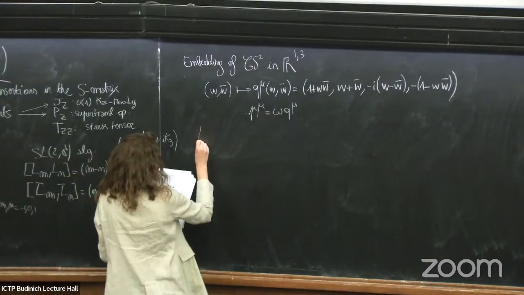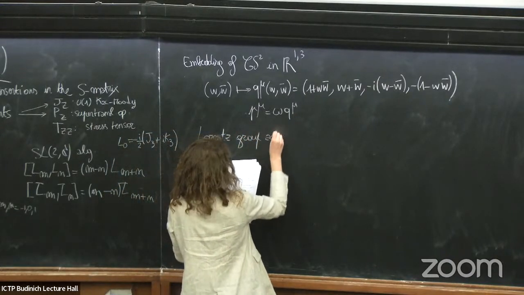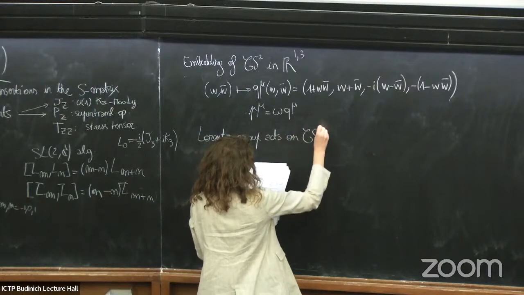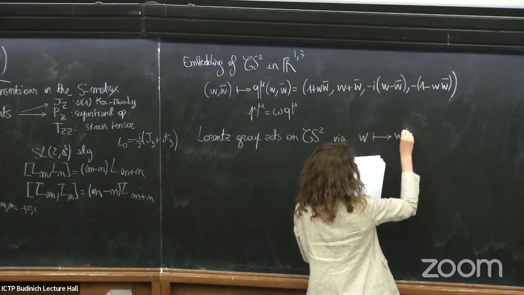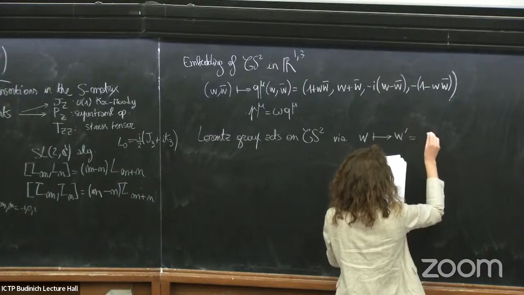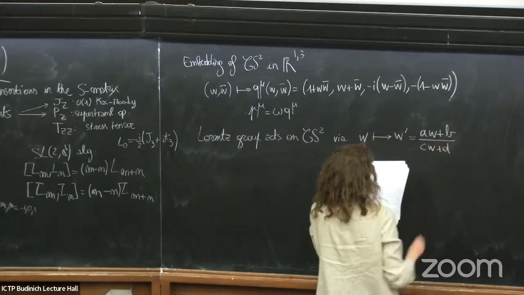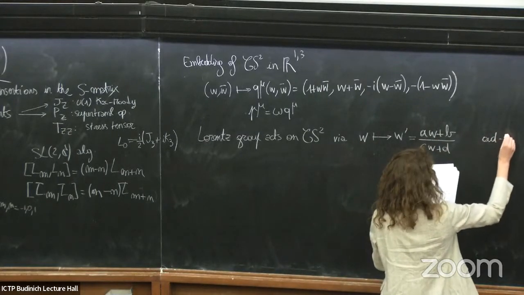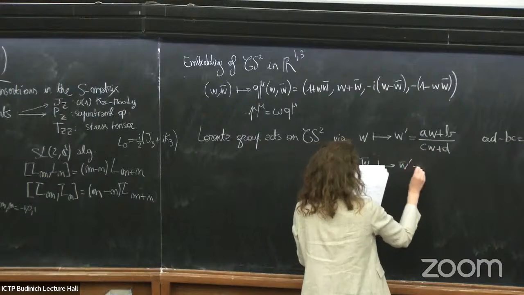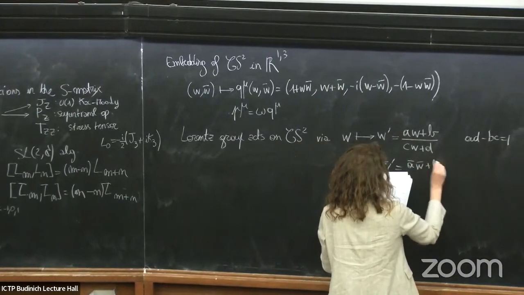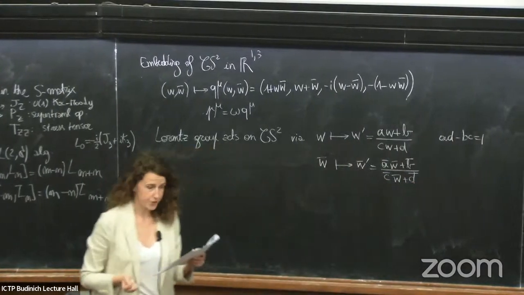It is just the fact that the Lorentz group acts on the celestial sphere via Möbius or SL2C transformations on these sphere coordinates w and w-bar, where these are the usual SL2C transformations, and similarly on w-bar. So this is just a symmetry observation.